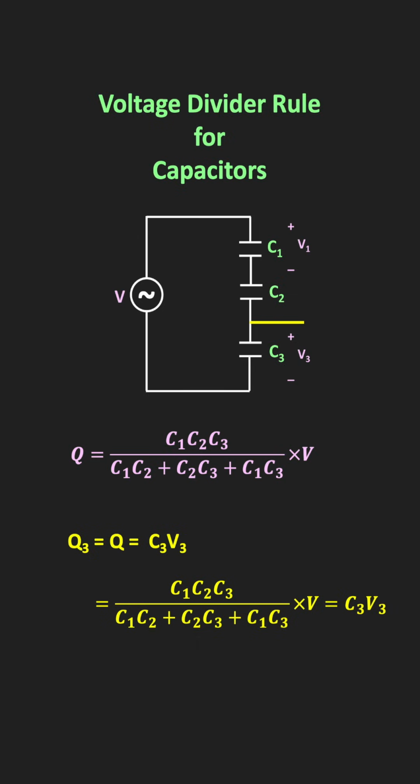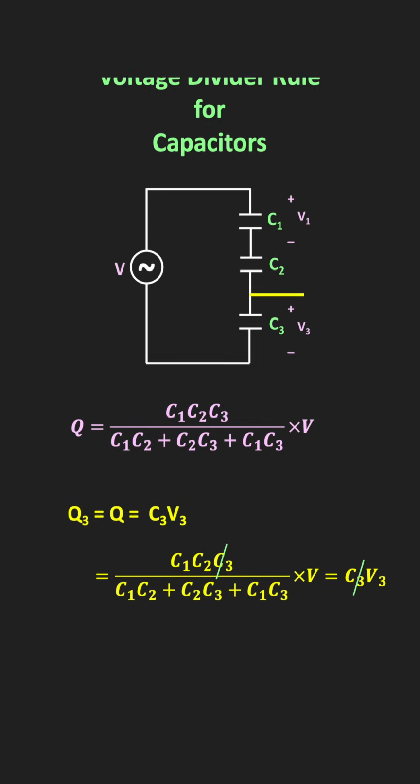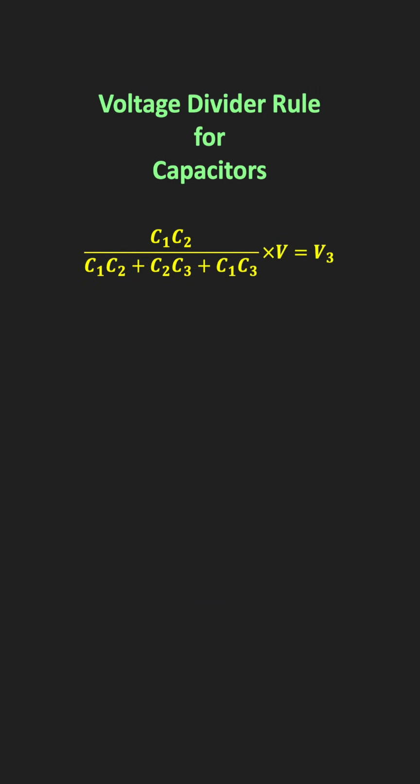Here C3 gets cancelled out on both sides, and we have the voltage V3 equal to C1 C2 divided by C1 C2 plus C2 C3 plus C1 C3, times V volt.